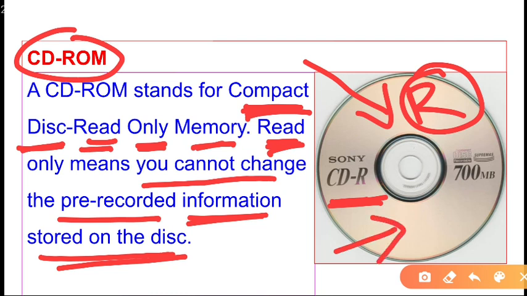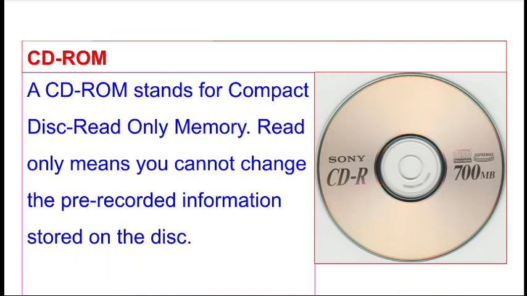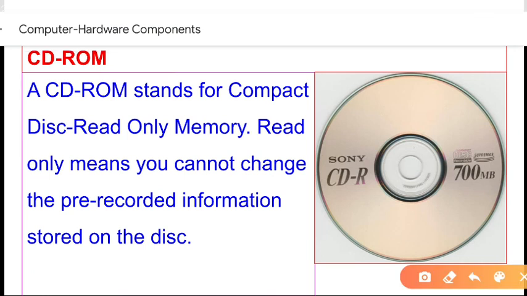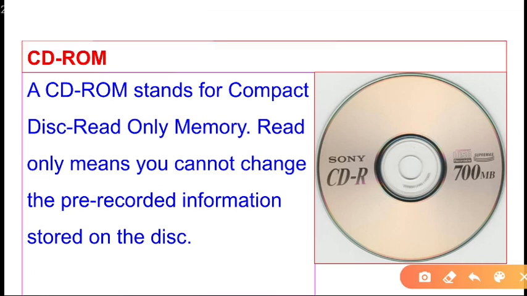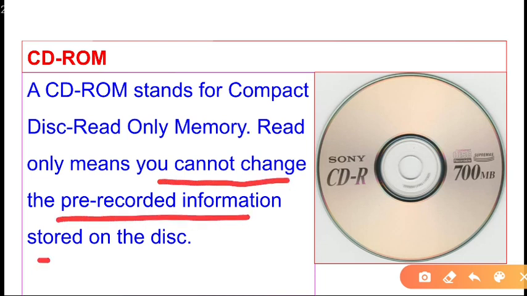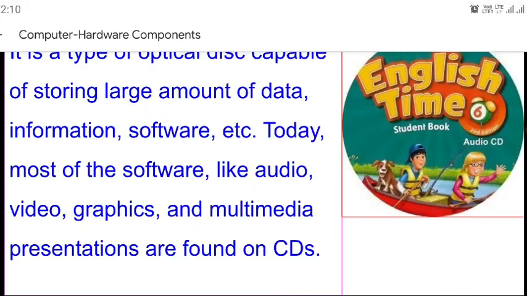Whatever data is there, you can only read it. You cannot write it, change the data, or record new data on this disk. Once you write the data, after that you can only read this type of disk. So what is the meaning of CD read? Read means you cannot change the pre-recorded information stored on the disk.